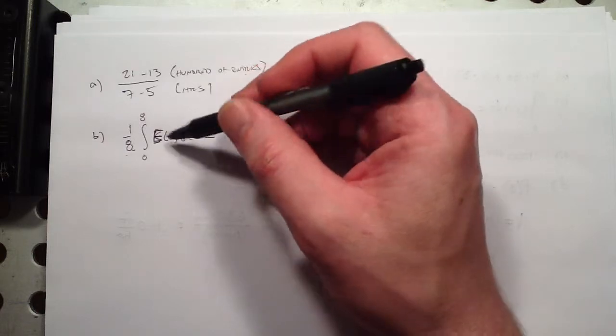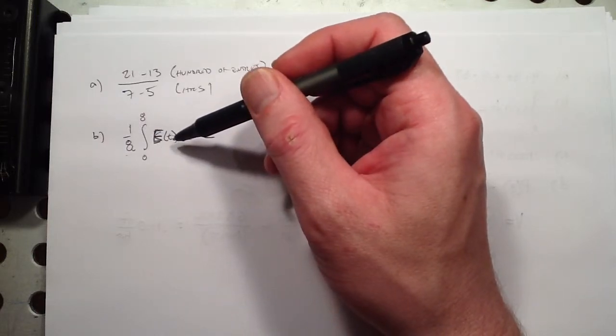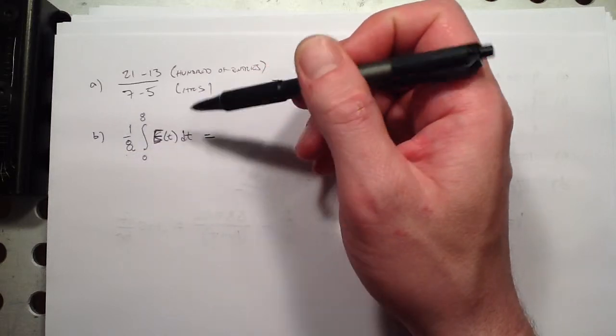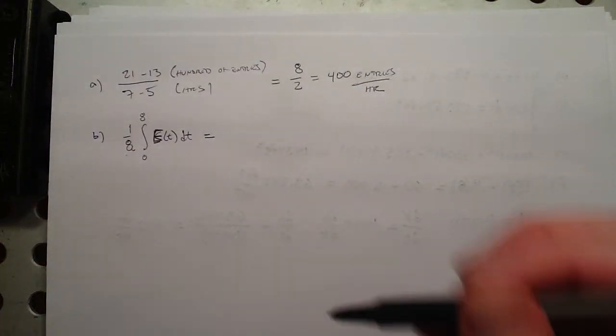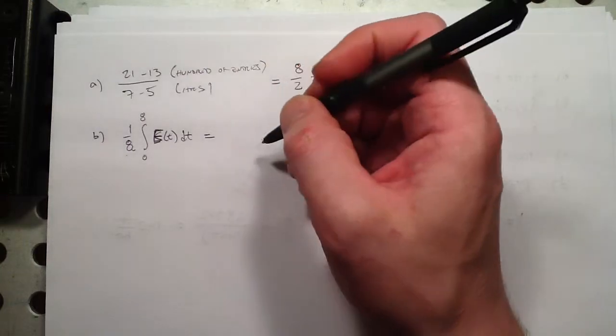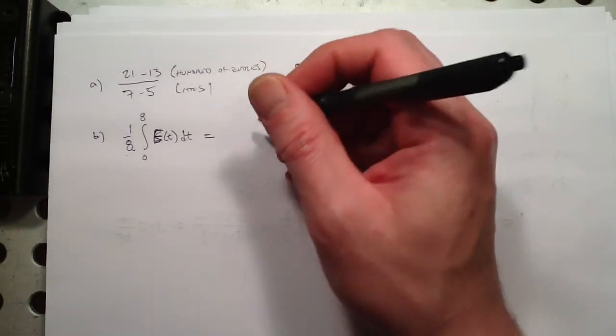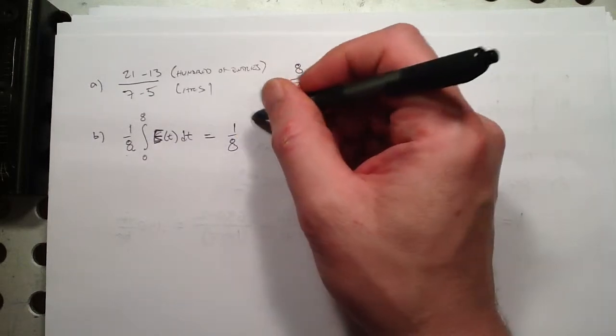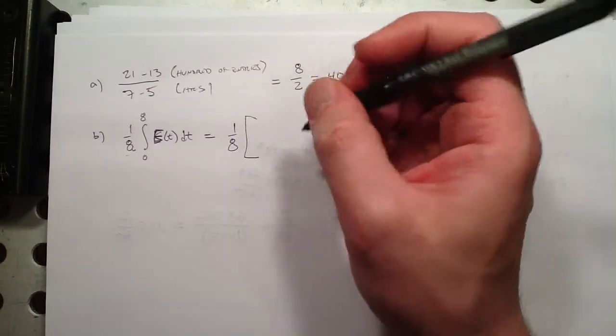And since the E function is measured in numbers of entries, this average value of the E function will also be number of entries. The average value of a function has the same units as the function itself, of course. So I've got 1 over 8 times, and then I've got 4 trapezoids.